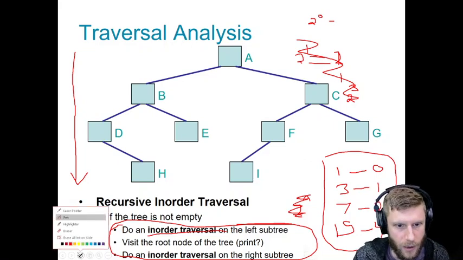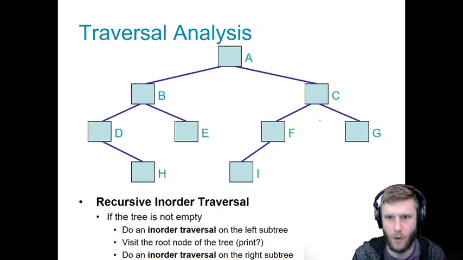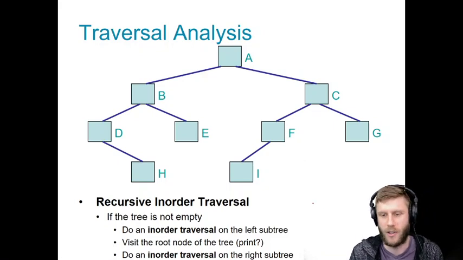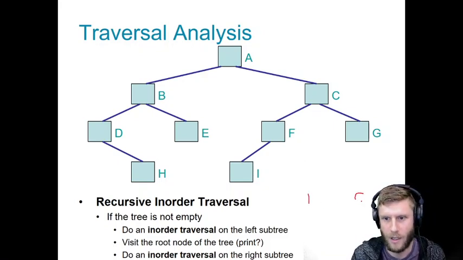Let's erase all. Okay, so shoot, I shouldn't have erased that. So we have 1 and 0, 3 and 1, 7 and 2, 15 and 3. Let me put it this way.